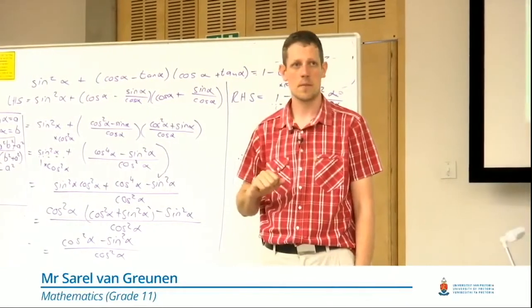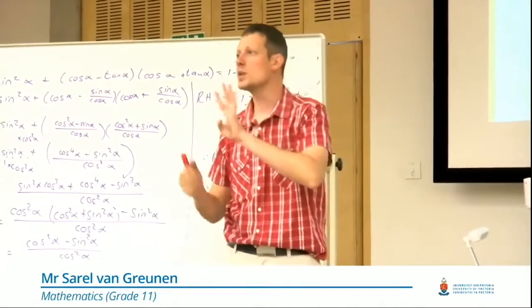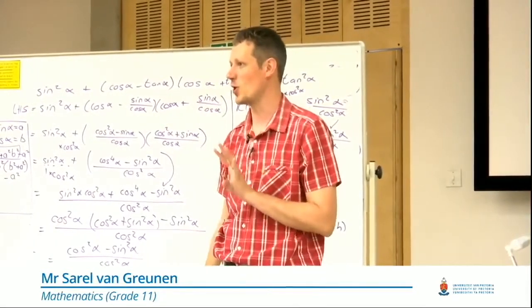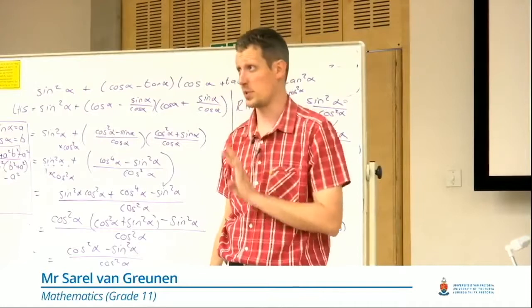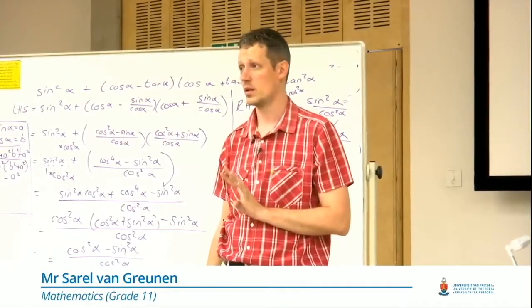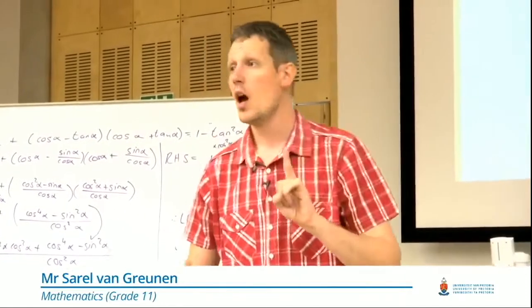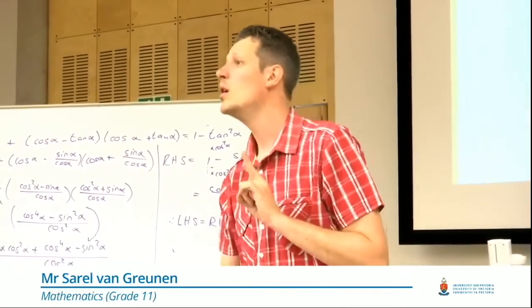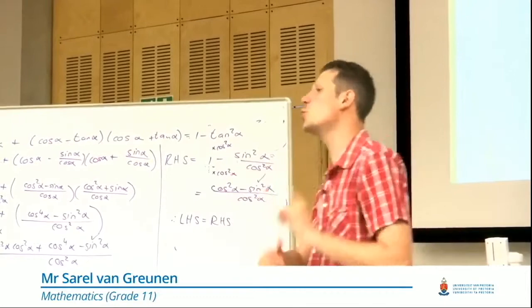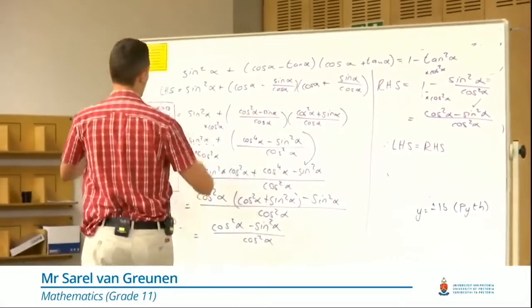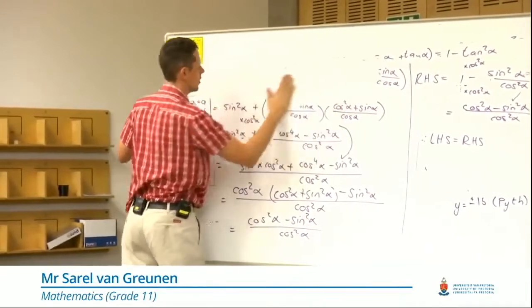Know that there are 4 types of equations you need to be able to solve. 4 types. The first type of equation you need to solve is the simple ones. Cos alpha equal to a half. That's the first type you need to be able to solve.